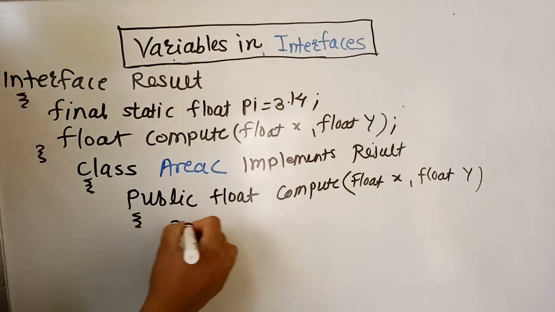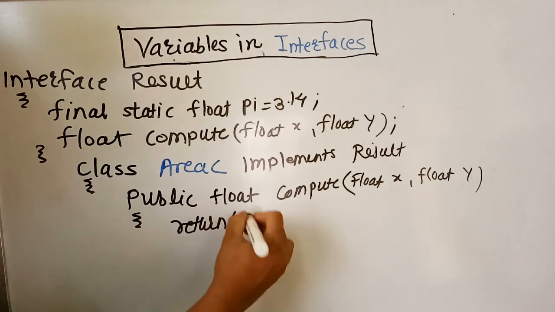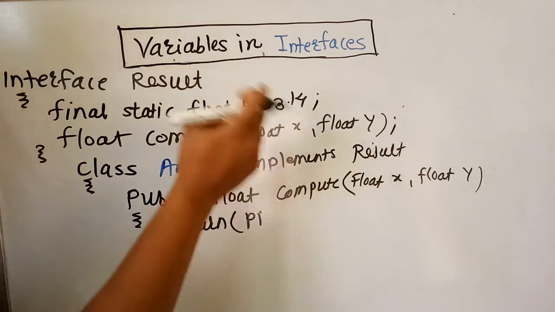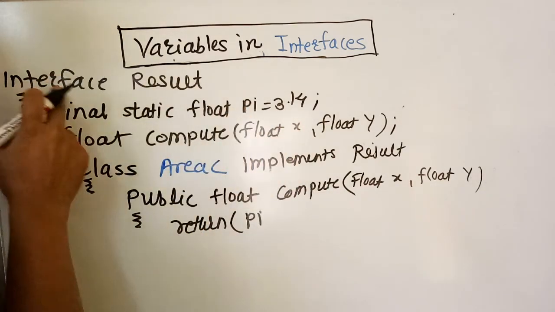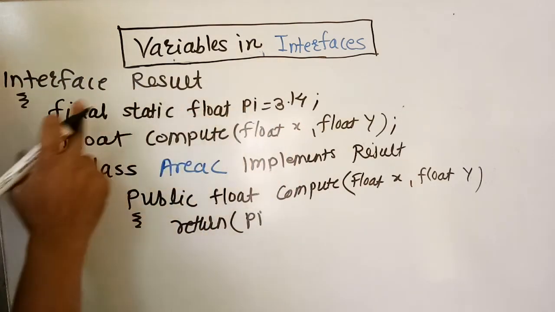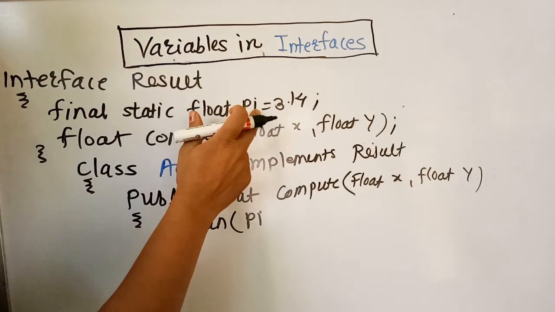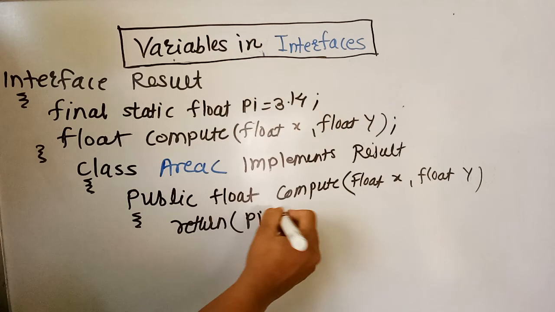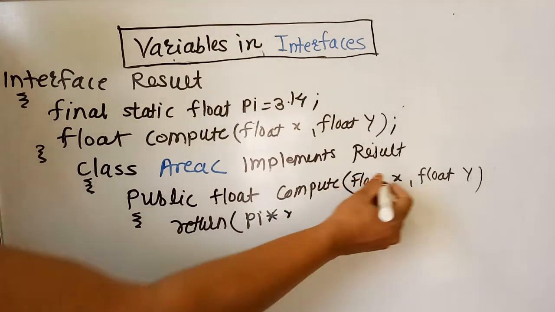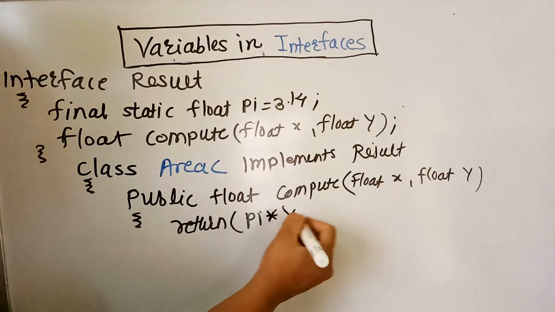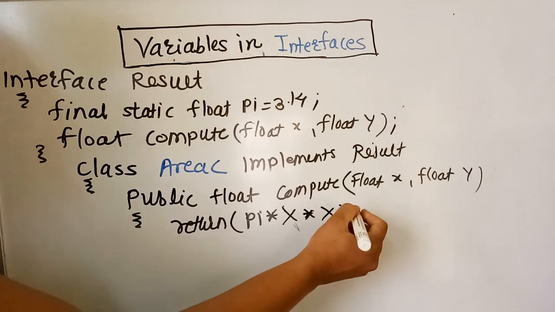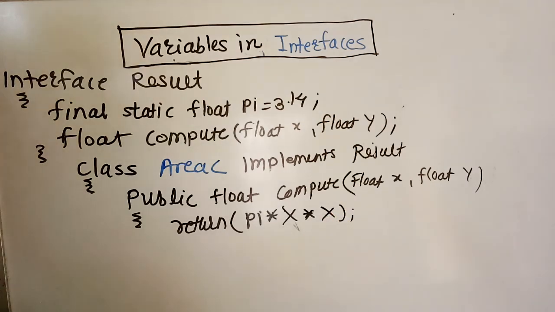Then how do we calculate the area? That is nothing but pi. This is also declared in the interface as final, meaning no one has the right to change the value of pi. So pi into r. Here for r I will use x, so x into x. Then I will complete this section.